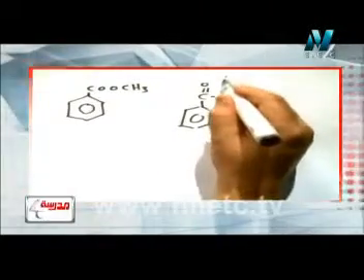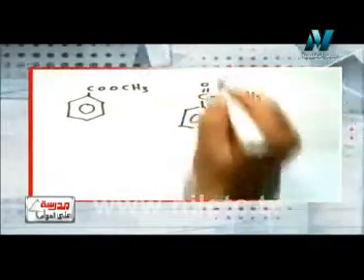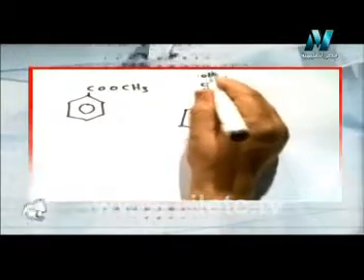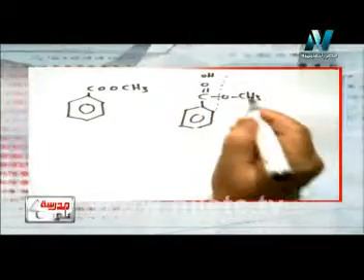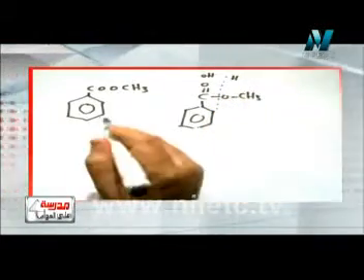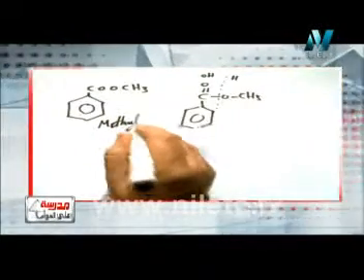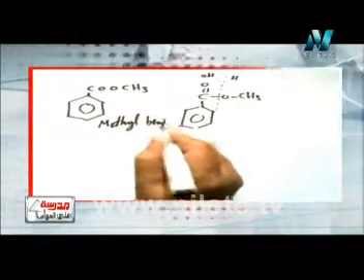It comes from benzoic acid, where we add OH to C double bond O, and we add H to CH3O to form methyl. This is the formula of methyl benzoate ester.